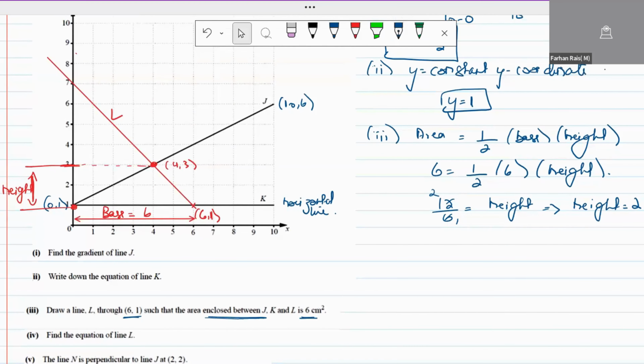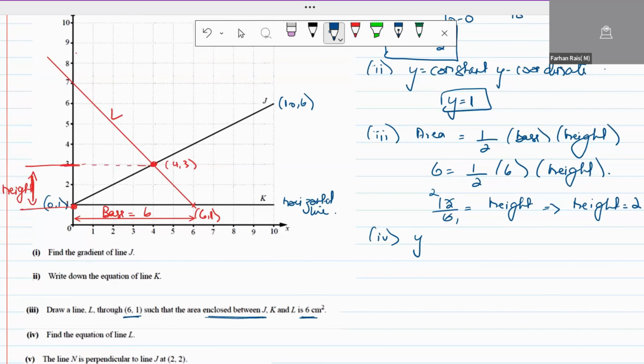Part 4, it says we have to find the equation of line L. To find the equation, we use the formula y is equal to mx plus c. From the graph, we can clearly see the y-intercept, it's 7 for this line L. So we only need to find the gradient here. We'll pick 2 points, 6 comma 1 and 4 comma 3.